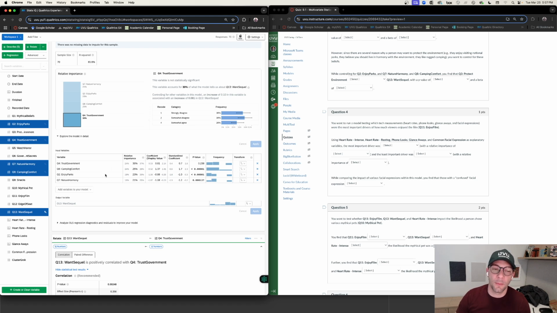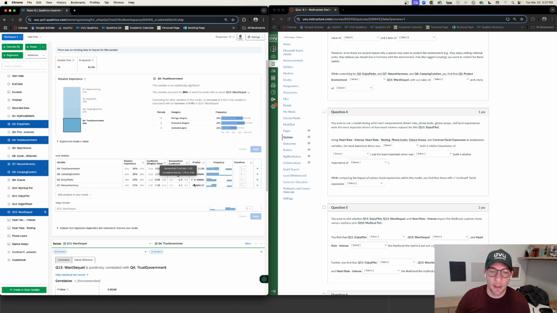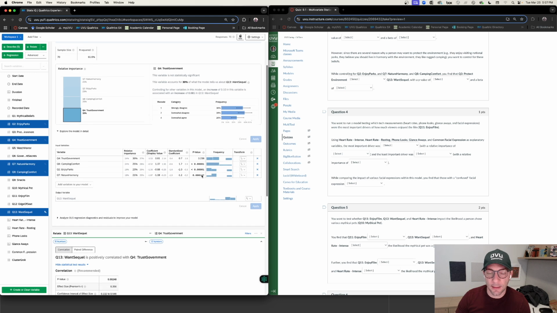These are the main drivers here. Now, let's look at, for instance, camping comfort. So this is a significant relationship, and we're going to interpret this just the same way that we interpreted them in the past, since these are all continuous variables.